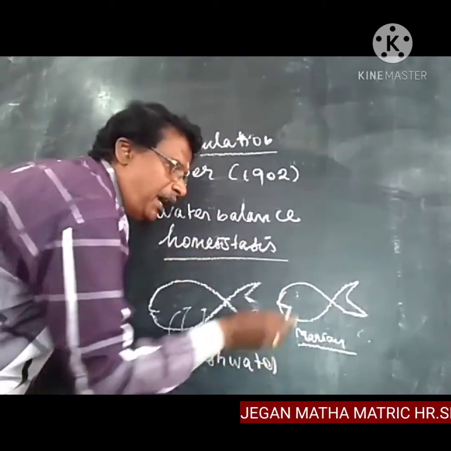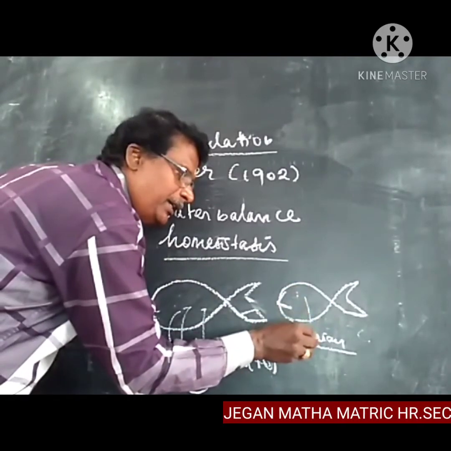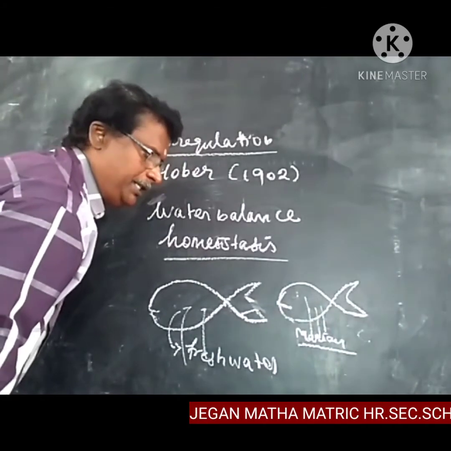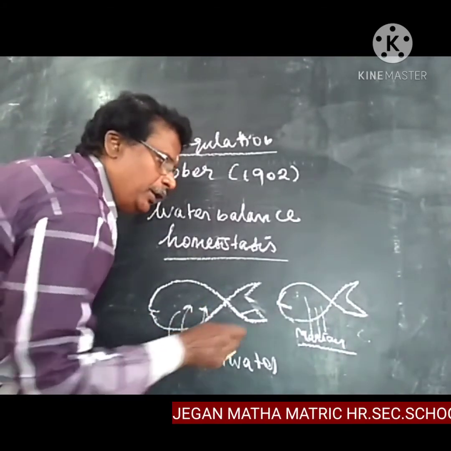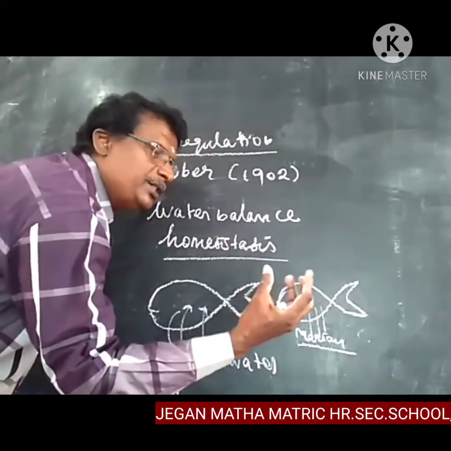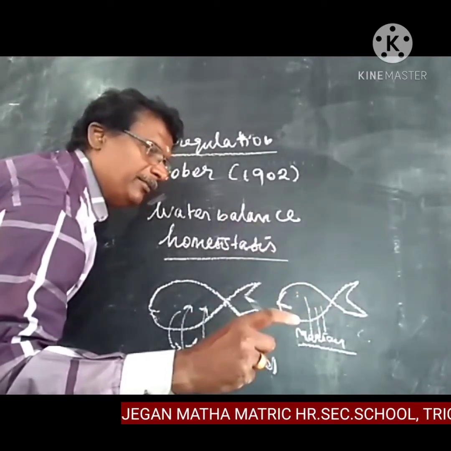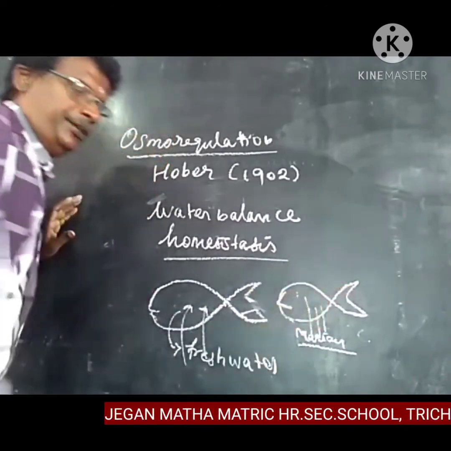So all the water is automatically released from the body, the cell shrinks, the cellular activity fails, and the fish dies.